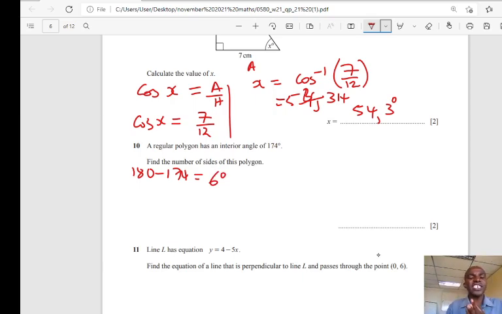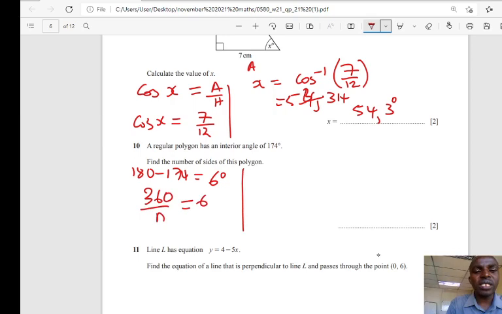Both interior and exterior are adjacent angles on a straight line, so they add up to 180 degrees. Then the sum of all exterior angles of any polygon is 360. And each exterior angle will be 360 divided by the number of angles, which is n. It's supposed to give you 6. Right?